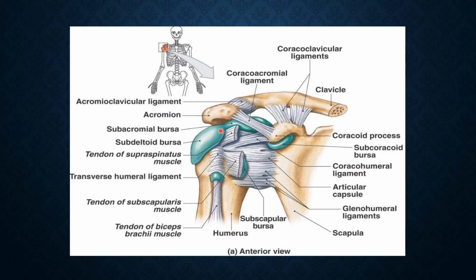It reduces the friction beneath the deltoid, and it promotes the free movement of rotator cuff tendons. So what are the rotator cuff muscles? That is supraspinatus, infraspinatus, teres minor, and subscapularis muscle, right?